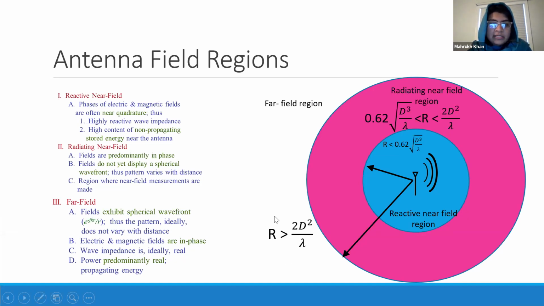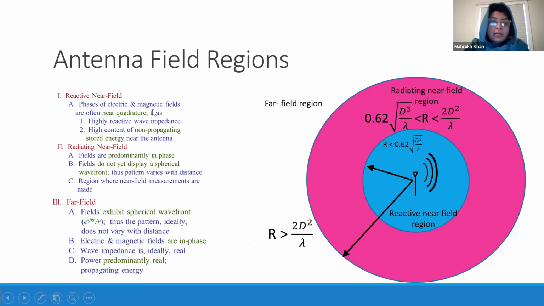Whenever your distance is greater than this quantity, you are in the far field region. In the far field region, there is a spherical wavefront, and the electric and magnetic fields propagate in phase, so it's the proper action of an antenna.